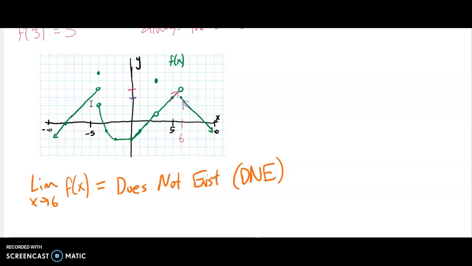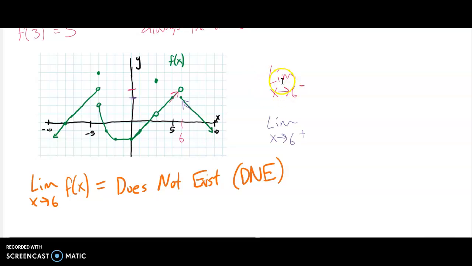But we can talk about one-sided limits. What I mean by that is I can talk about the pink limit and give it a value, and I can talk about the purple limit and give it a value. I can indicate whether we're coming from the left or the right by putting a little sign: a negative sign for this, and I'll explain why, and a plus sign for this.